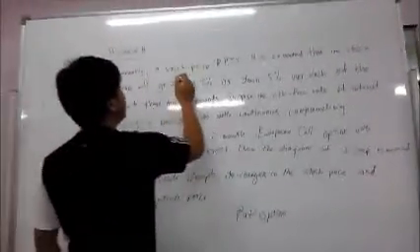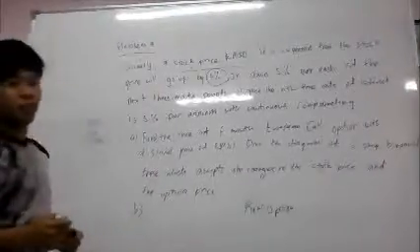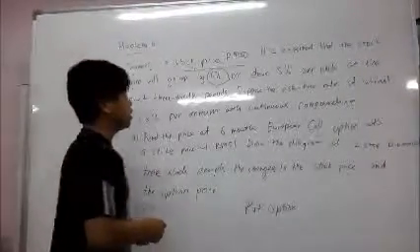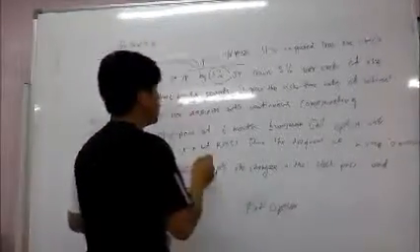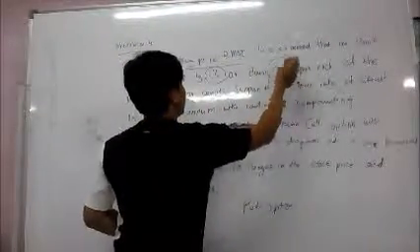The stock price given is 50 ringgit, the magnitude of the up jump is 6%, and the magnitude of the down jump is 5%.